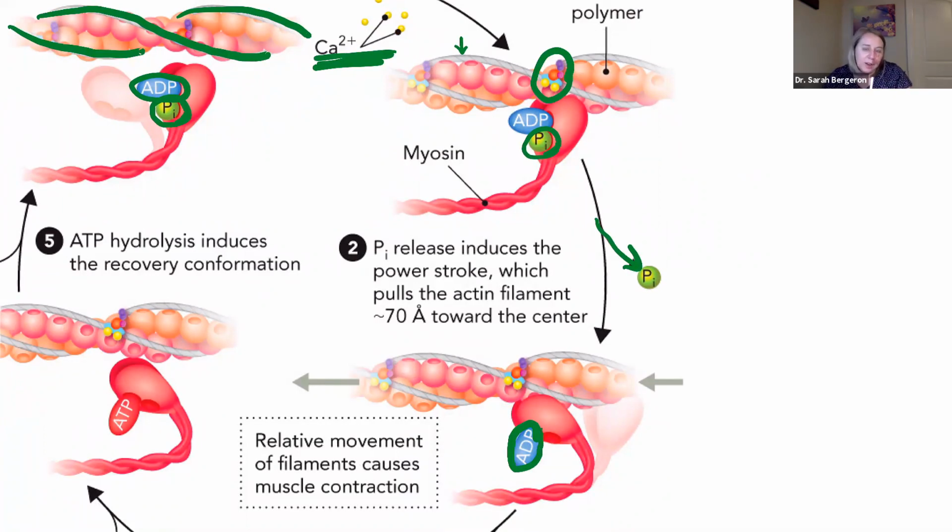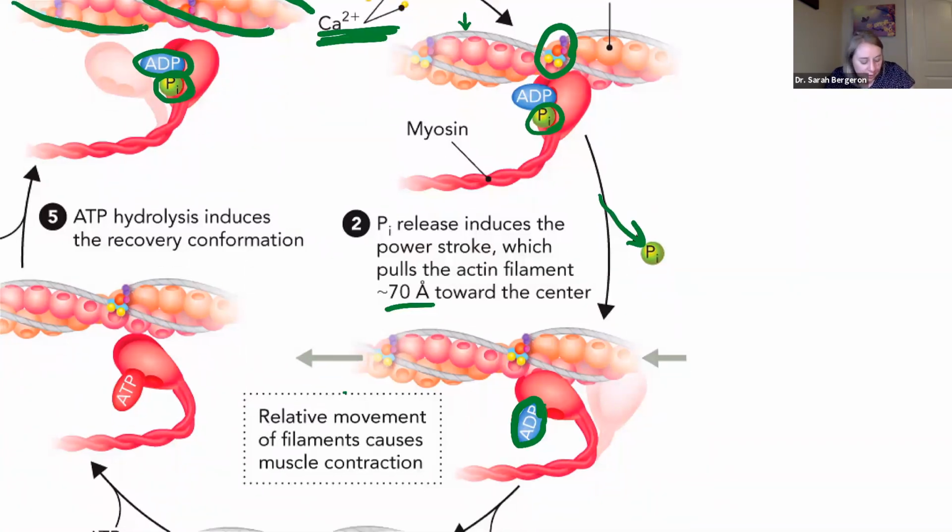So when that inorganic phosphate is released, it induces what's called the power stroke or the ratchet. Because if this is the head of myosin, myosin grabs onto the actin, and then in a power stroke, it pulls it. And I'm going to show you the little animation of that. It actually pulls the actin filament 70 angstroms towards the center of the sarcomere.